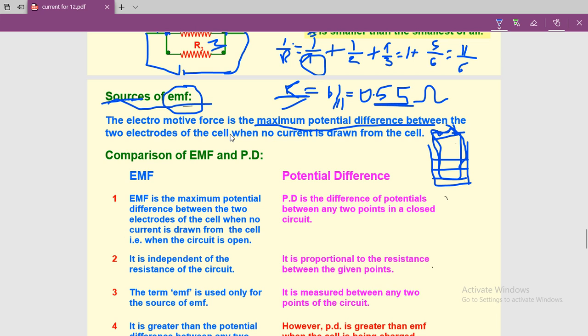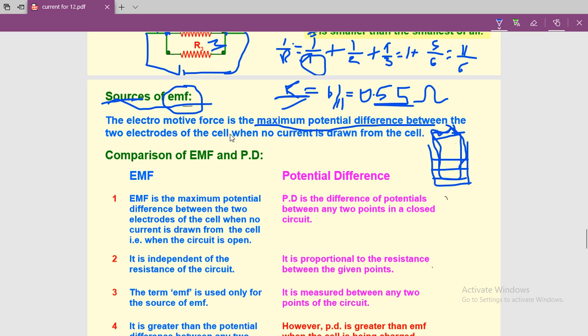So of course students, the cell is the source of EMF. Then what is the definition of EMF? Mathematically we can calculate the EMF, that is, the electromotive force is the maximum potential difference between two electrodes of the cell when no current is drawn from the cell.